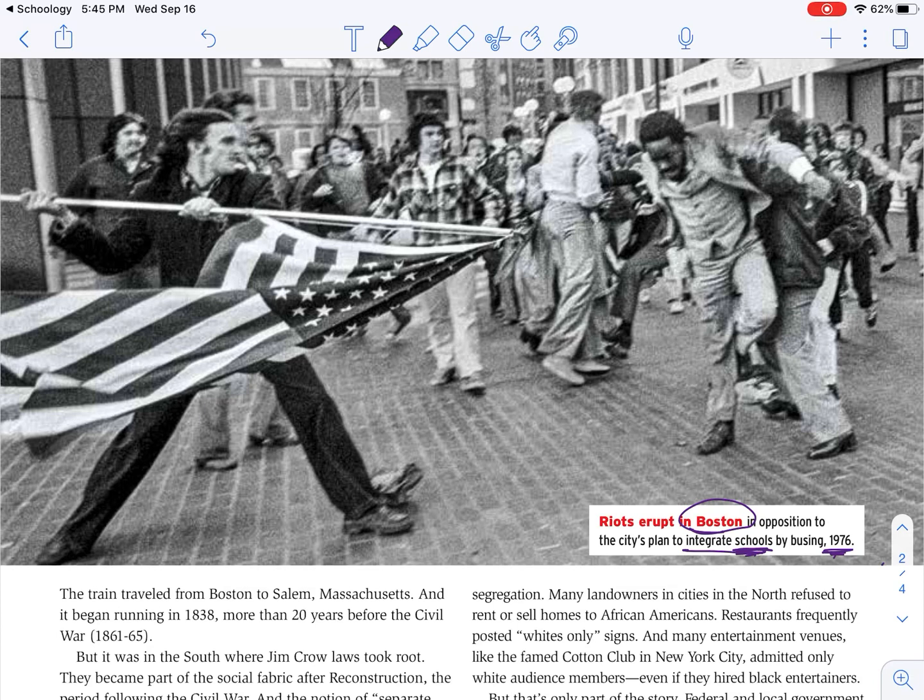And again, I can tell by some of the fashions and the hairstyles that maybe this is the 1970s. Why are we in Boston? Okay, Boston, Detroit, both are northern cities. So notice how I'm thinking constantly about what I'm reading. And that's the goal in being an active reader.